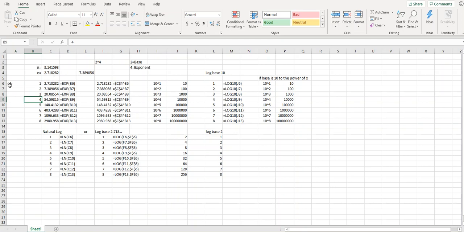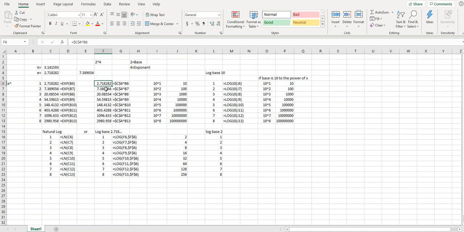We could replace the e with pi and then just say pi to the power of 1, 2, 3, 4, 5, 6, 7, 8. Okay, so that's what the exponent function is doing. It's recognizing Euler's number as the base to any power. We can also then get the inverse of this value by using the natural log.